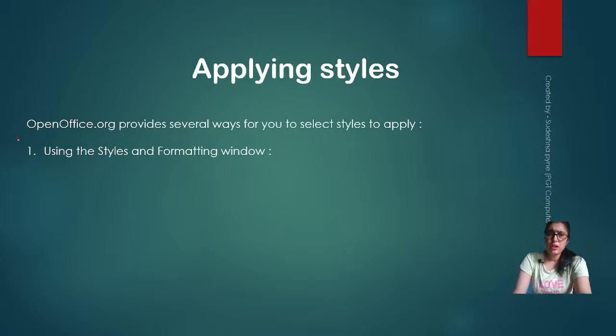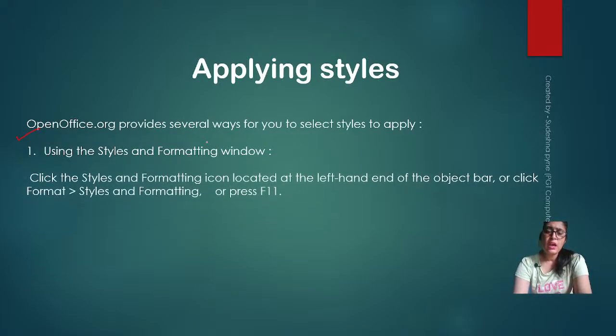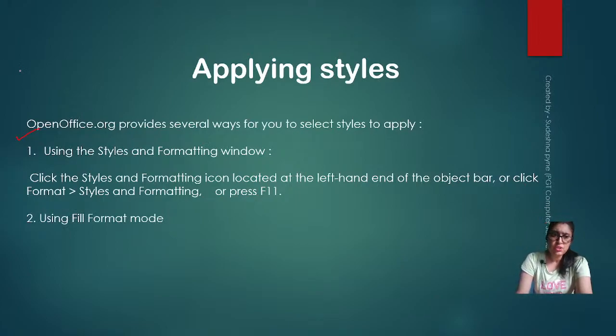This is the first way of applying a style. Now, how to do this? First, click the Styles and Formatting icon located at the left-hand end of the object bar, or click Format, then Styles and Formatting, or press F11. Next one is fill format mode. So these are the ways we can use to apply our style.